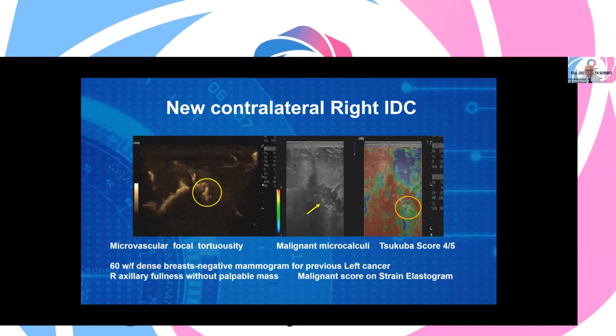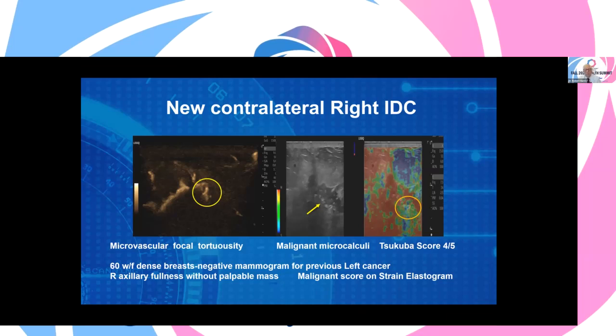The patients see this. They say, what's that, doc? Then in the middle, you have the little white dots, which are the microcalcifications, which you see all the time on mammography. So this would generally show up on mammograms. Then on the far right, with all the red and green colors, we have a non-invasive technology called elastography.